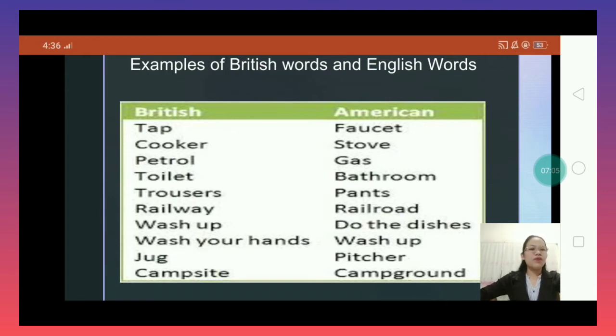So they have really different and distinctive types of words in British and American. Petrol, gas, toilet, bathroom. Toilet and bathroom both are comfort rooms. Trouser, pants, both are clothes, as well as railways, railroad, wash up, do the dishes. Different words, but the implications or thoughts are the same. Wash your hands, wash up, jug, pitcher, campsite, campground.